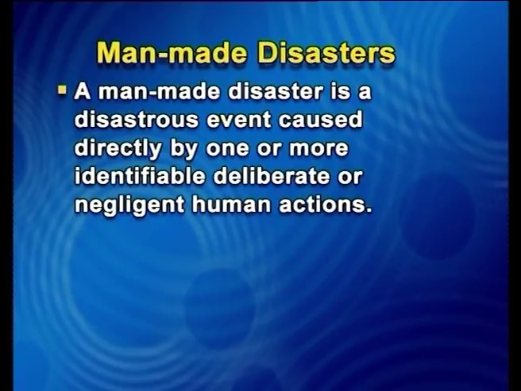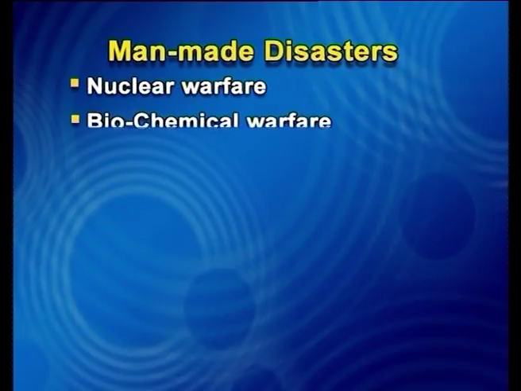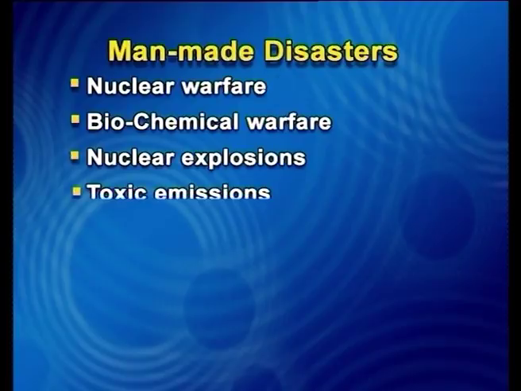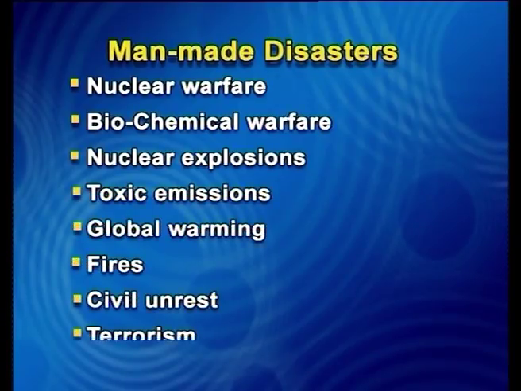Man-made disasters. A man-made disaster is a disaster event caused directly by one or more identifiable, deliberate, or negligent human actions. Man-made disasters are usually the result of things going wrong in our complex technological society. They include blackouts, hazardous material spills, air pollution, house fires, radiation leaks, food or water contamination, and industrial chemical releases.